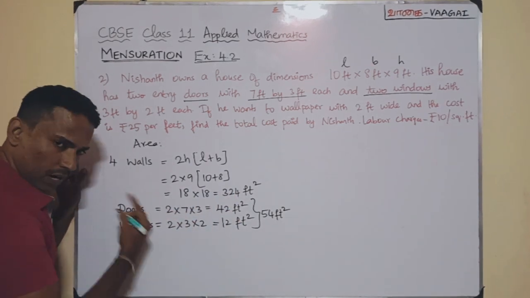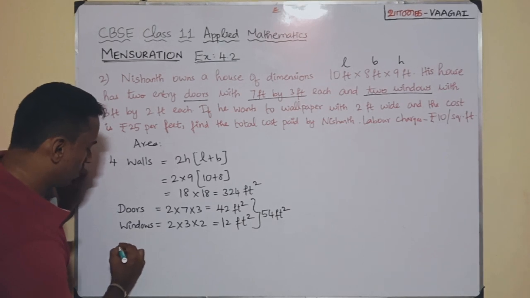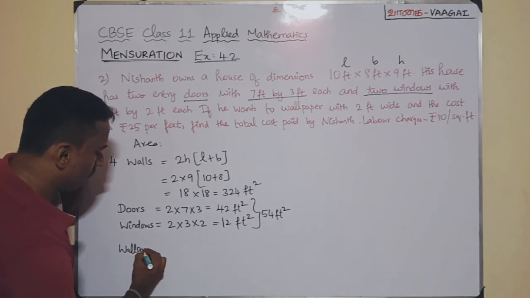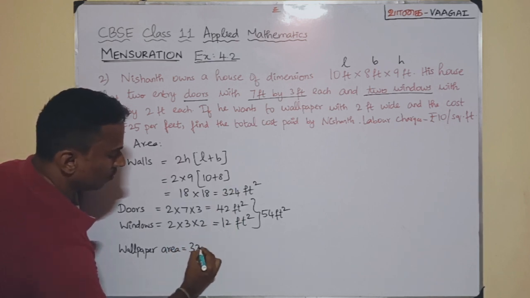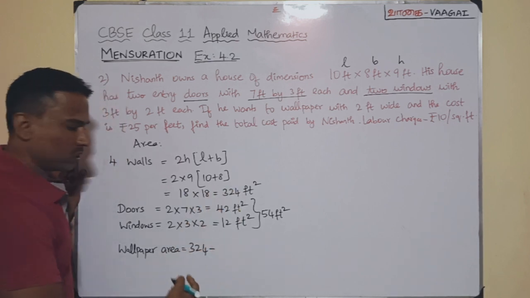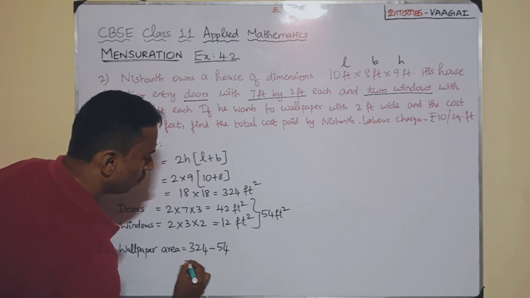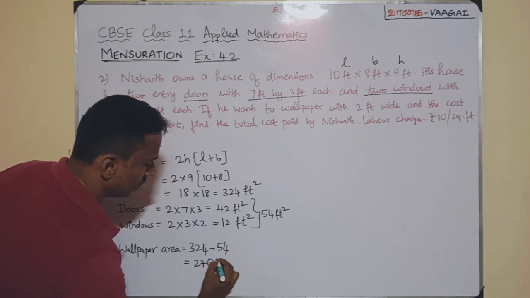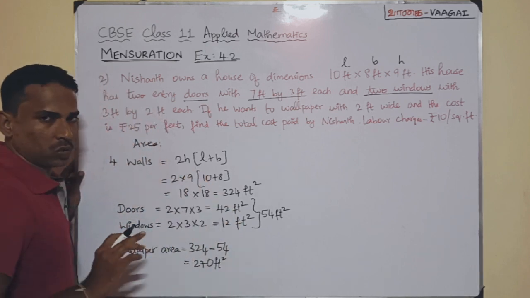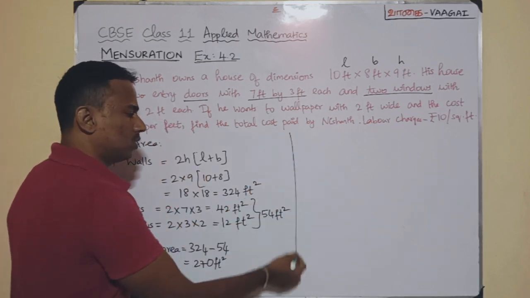So the remaining area needs to be wallpapered. The wallpaper area alone is going to be the total area 324 minus the doors and windows area, which is 54. So if I do it, what will I get? 4 minus 4 is 0, 32 minus 5 is 27. So 270 feet square. So one part of the problem is done.